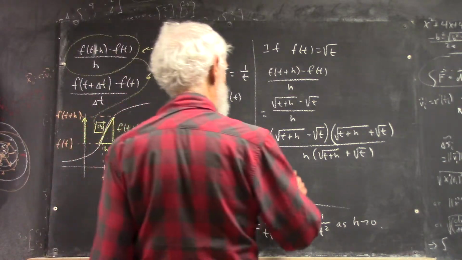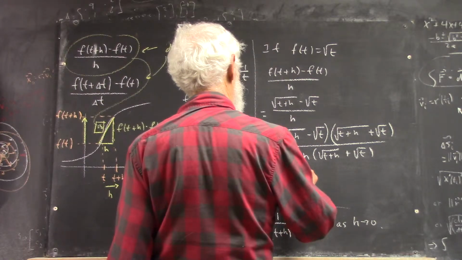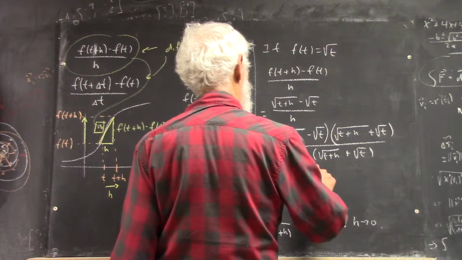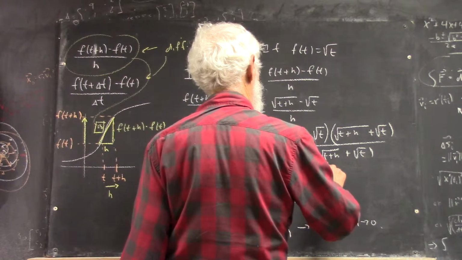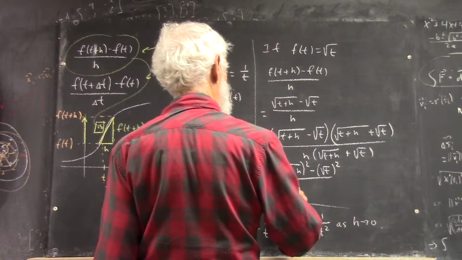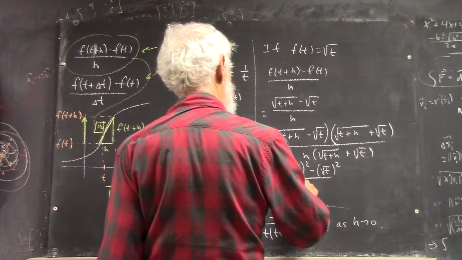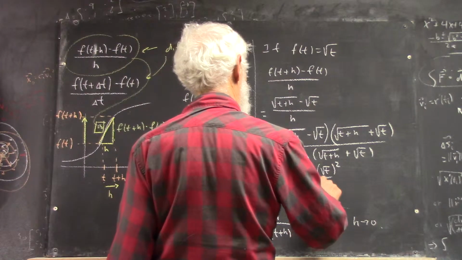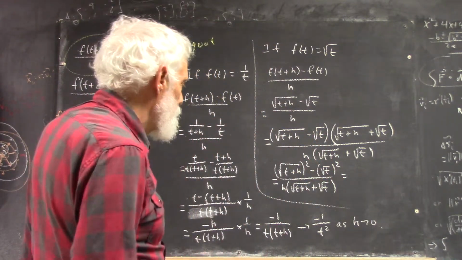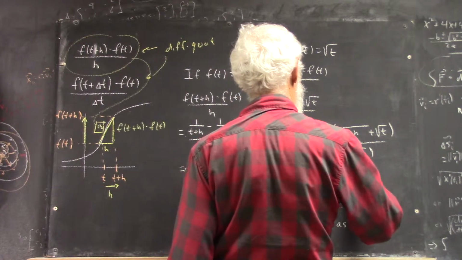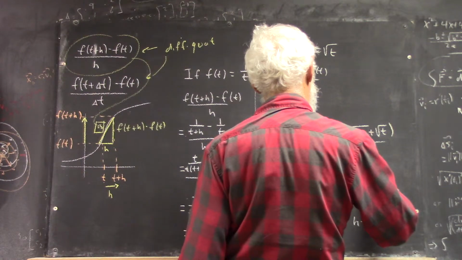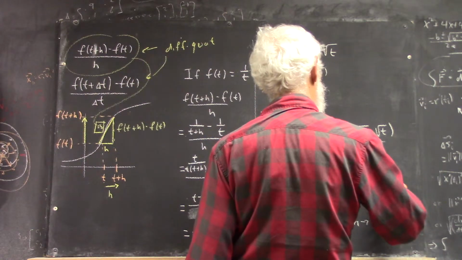If you multiply this out, you get this, and that just comes down to h over h times the square root of t plus h plus the square root of t.